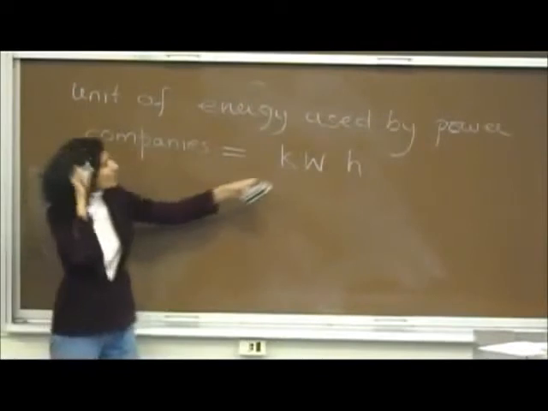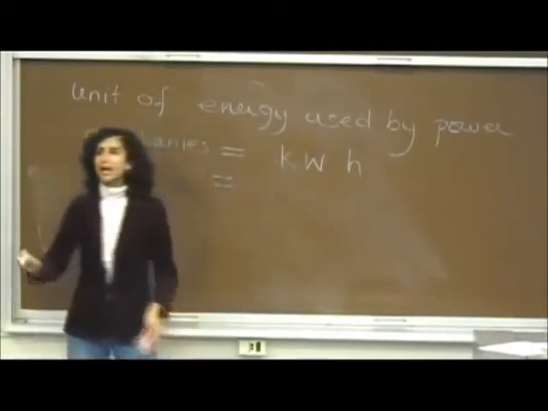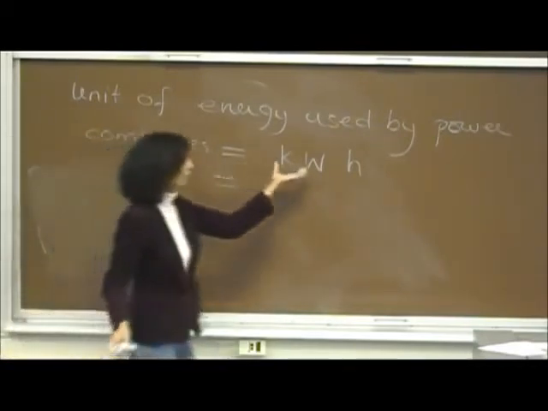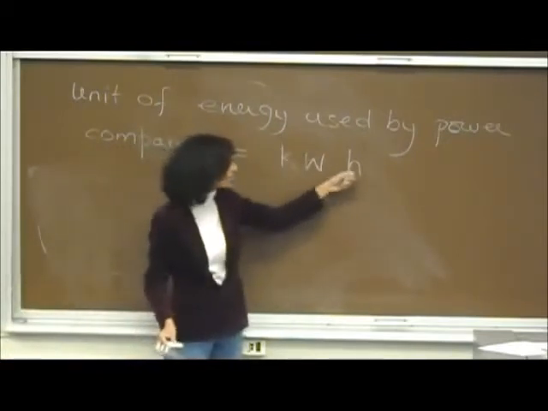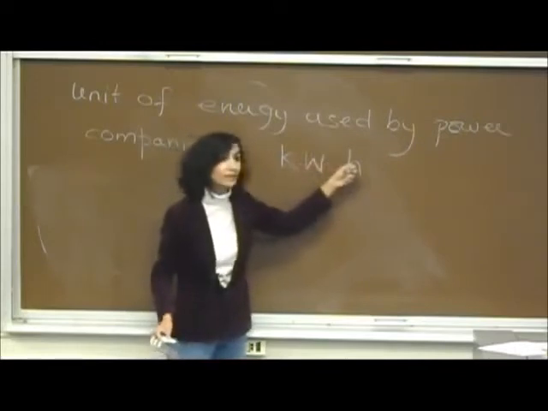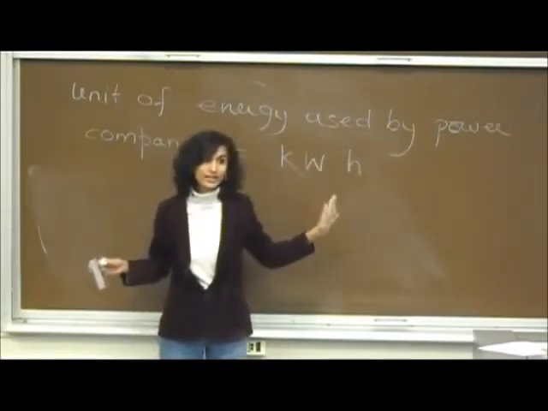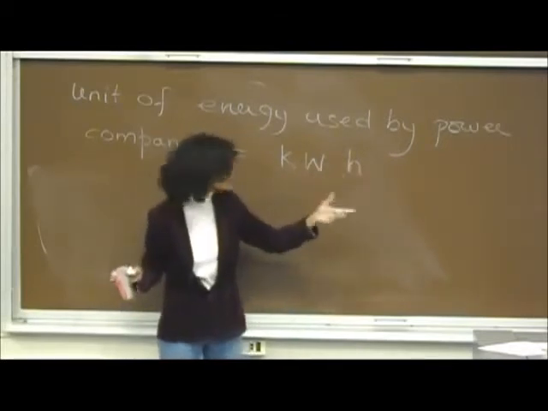Who wants to tell me how we will convert it into joules? Is it looking okay that it's the unit of energy? Yes, because watt is a unit of power, so that's joules per second, and this will be joules per second times time. Unit of power times unit of time is unit of energy, so that's great.